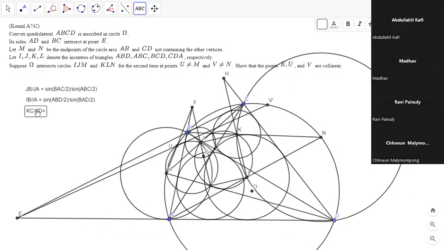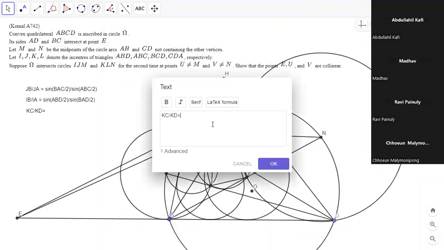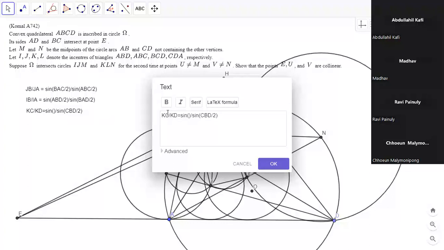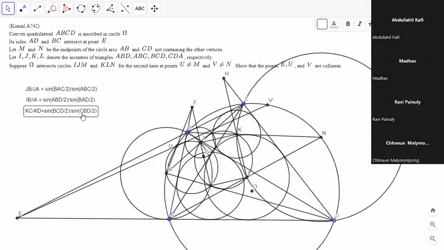Sorry, sine CBD over 2, that would be in the bottom, and BCD. And then yeah, they'll eliminate.